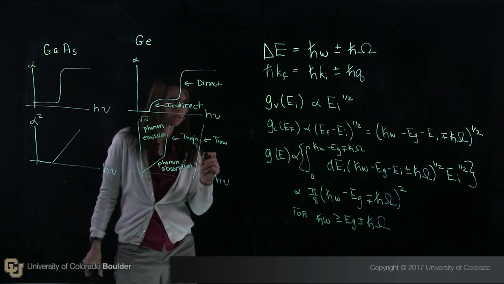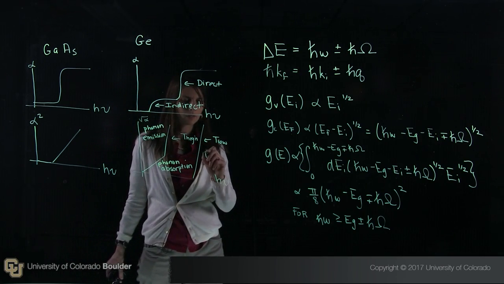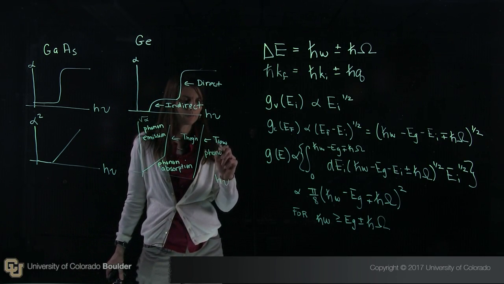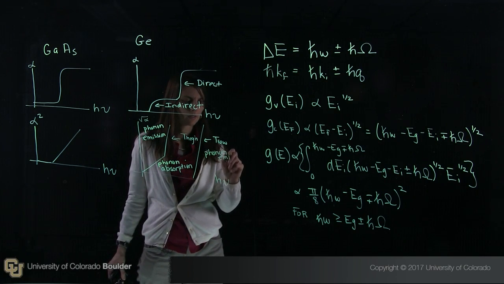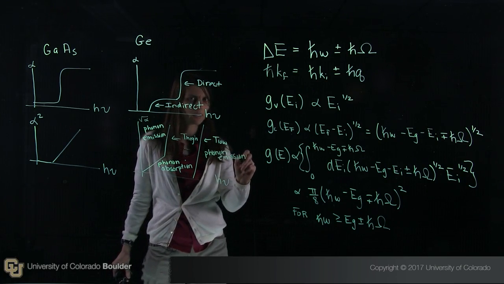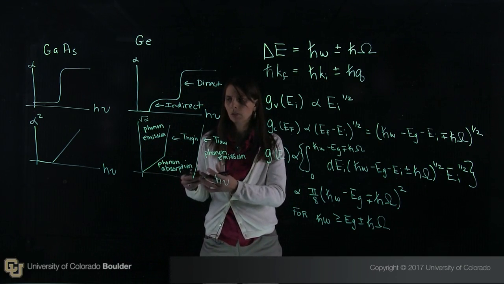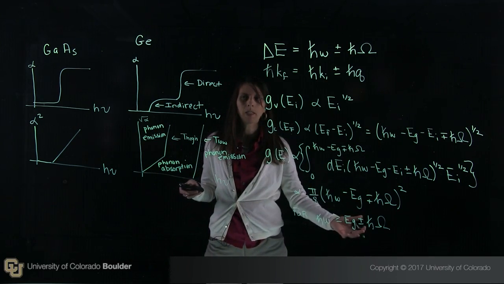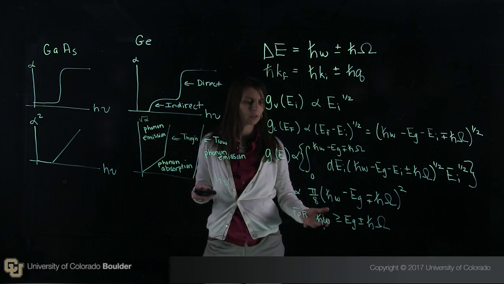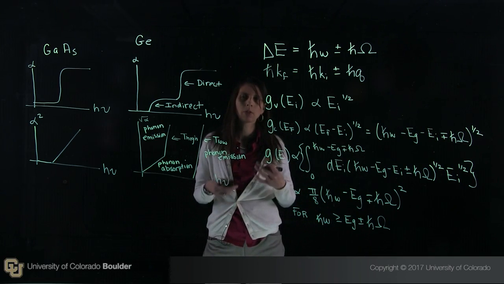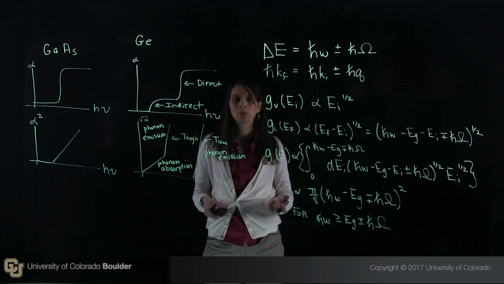And in the case of the temperature being low, this corresponds to phonon emission. So hopefully, this gives you a better picture of what's going on. Essentially, what you have to think about is there's a plus and minus in the relationship for the absorption coefficient. So you can either emit a phonon or absorb one, depending on what is going on with the temperature of your system.